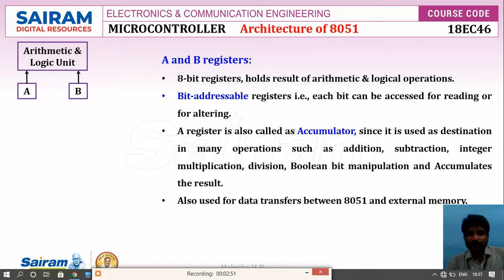As you know, 8051 has an internal memory. If that is not sufficient for our application, we go for external memory. So to transfer the data, either to read the data from external memory or to write the data into external memory, that will be done only through the A register. This is the specific application of the accumulator, A register.